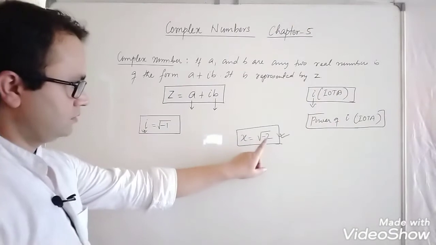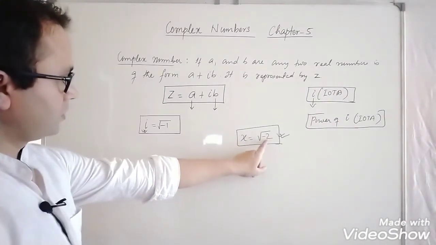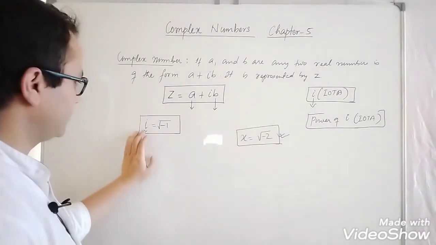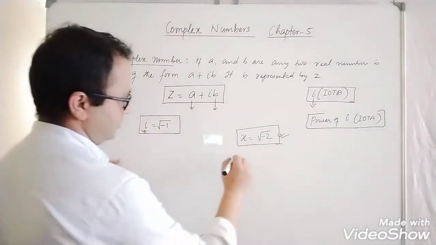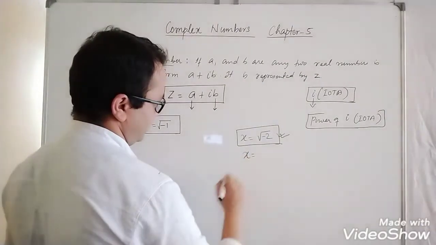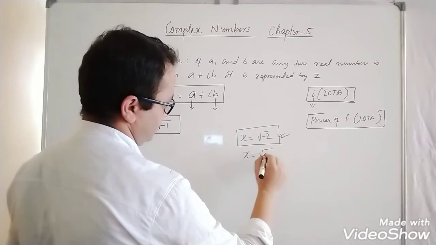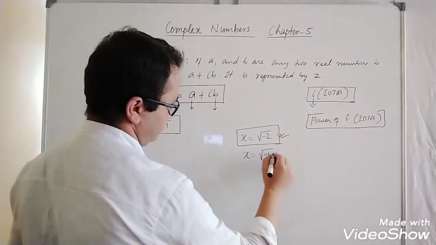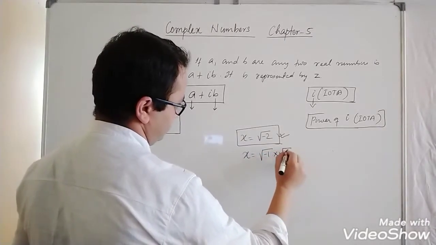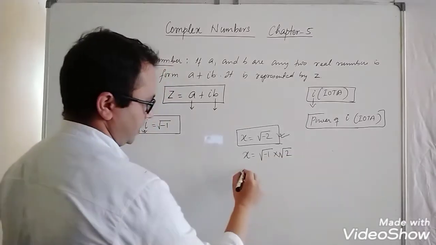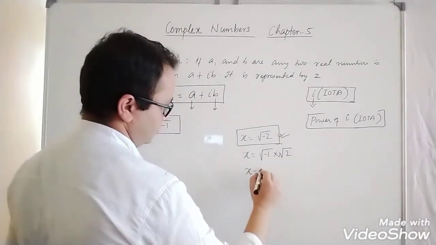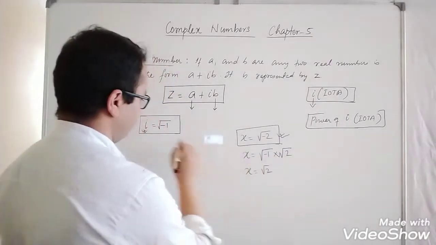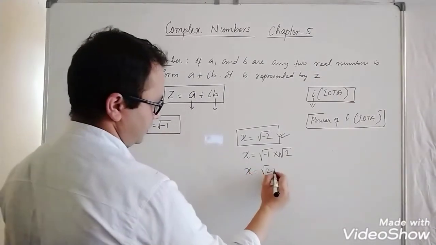For the completion of the solution we need i. Root under minus 2 is root under minus 1 into root under 2, so x equals root under 2 times root under minus 1, which is i. Now it is the solution.